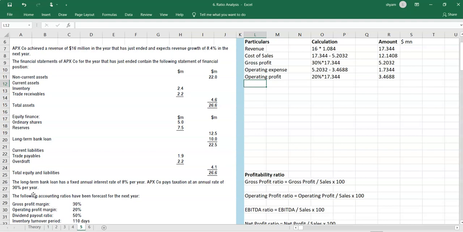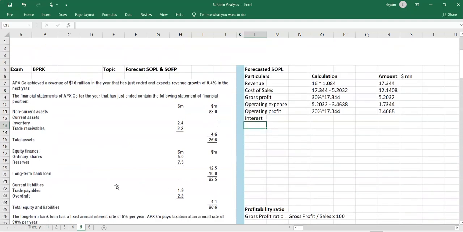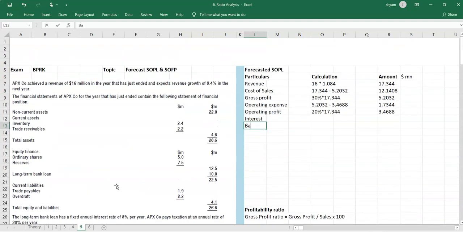So let's see the interest. There are two interests here: one is the bank loan interest and the other one is the overdraft interest. Both we will take into account.